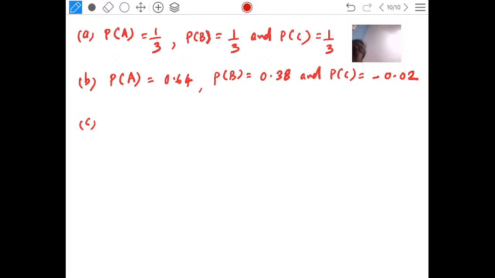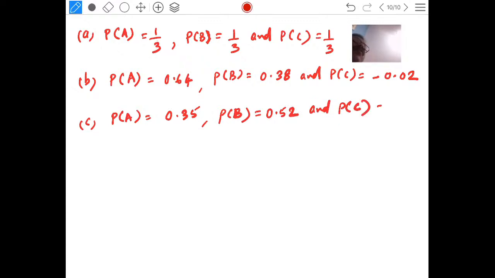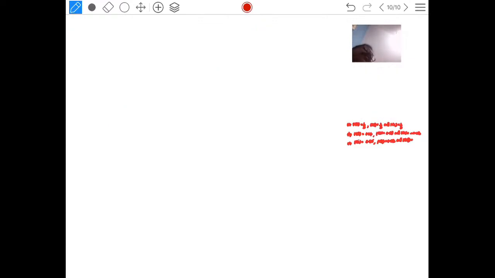Third subsection, P of A is equal to 0.35, P of B equal to 0.52 and P of C equal to 0.02.